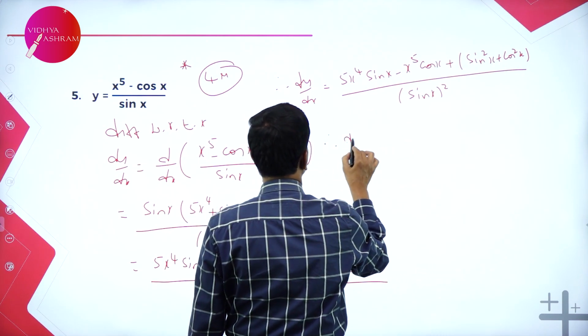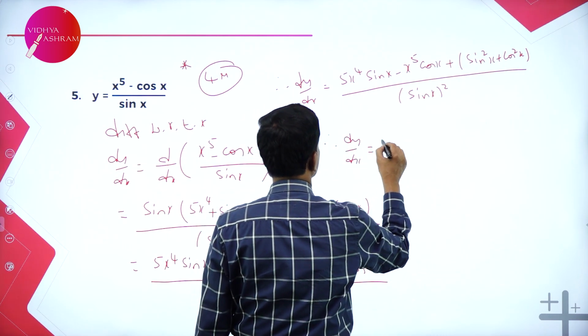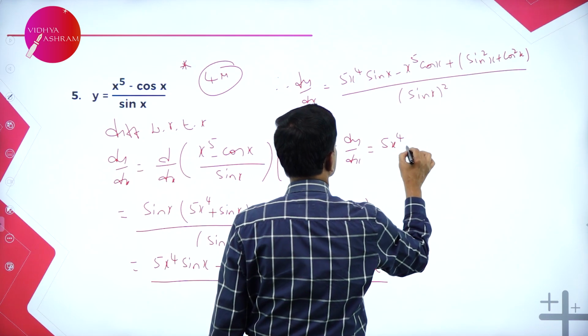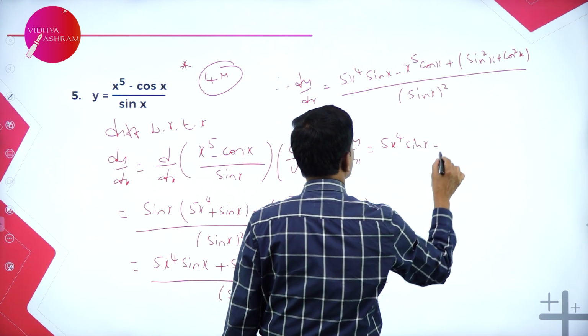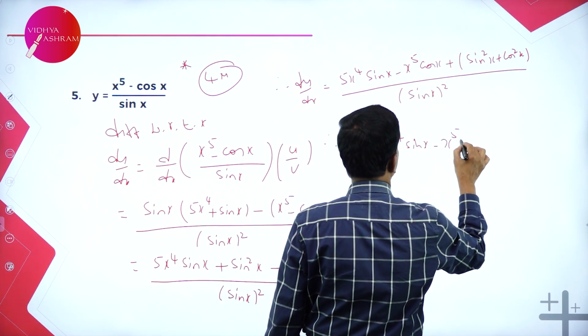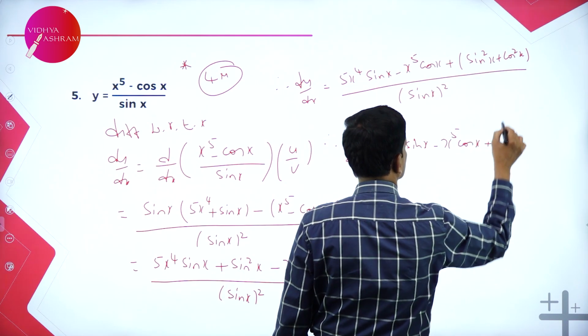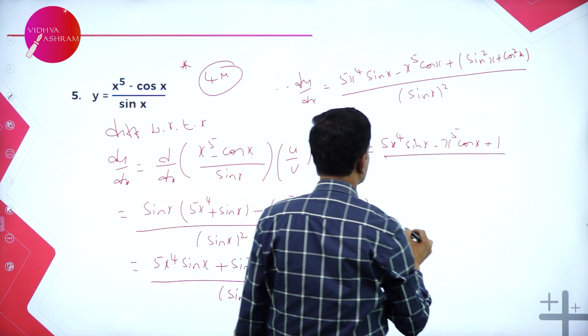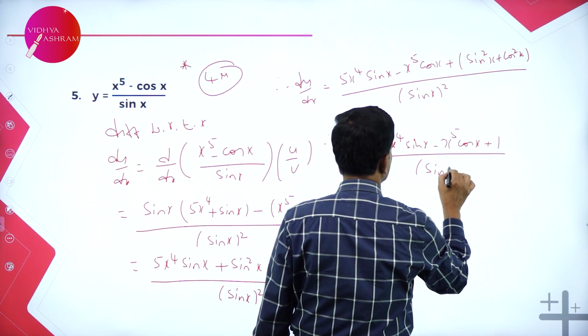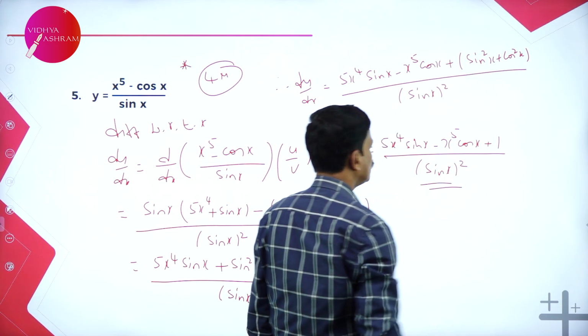So therefore this can also be written as dy/dx is equal to 5x to the power of 4 sin x minus x to the power of 5 cos x plus, you know, sin square x plus cos square x is 1, divided by sin square x.